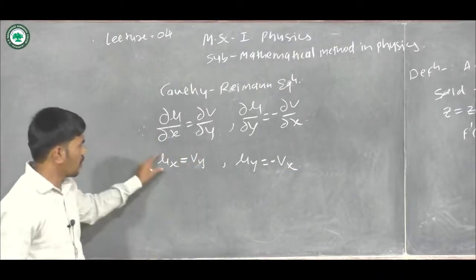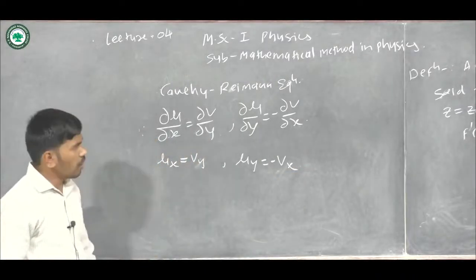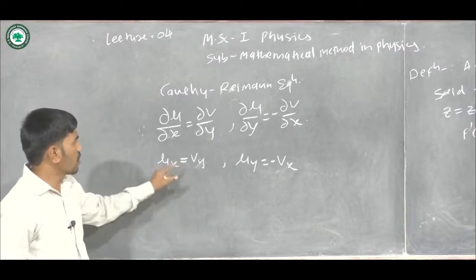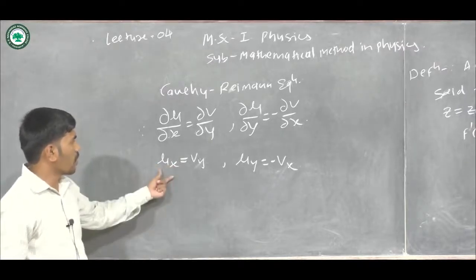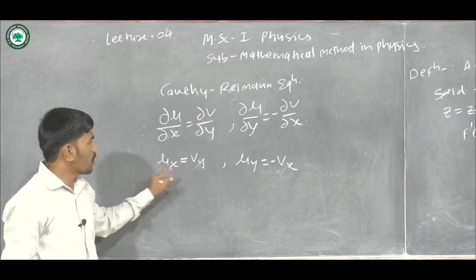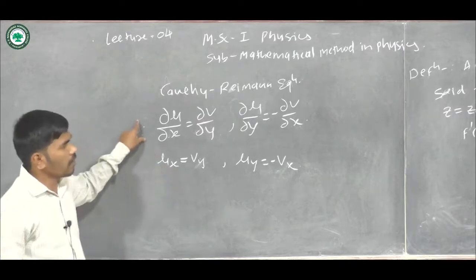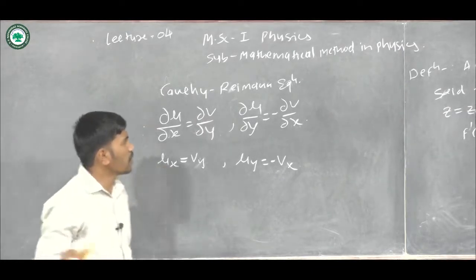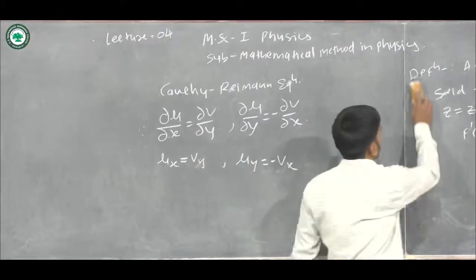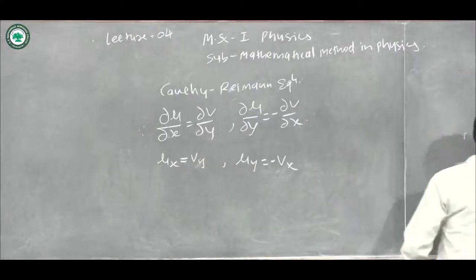We can write it in this form also. So these are the two conditions. If the function satisfies them, then it is called an analytic function. Okay, so let's consider one example, then you can understand.